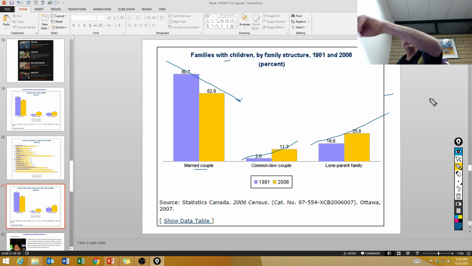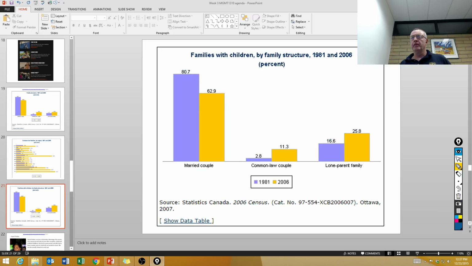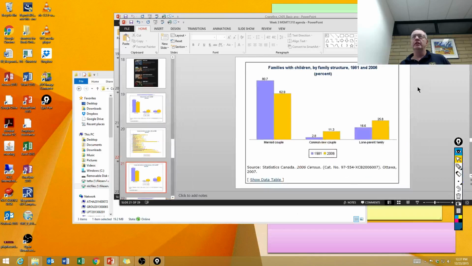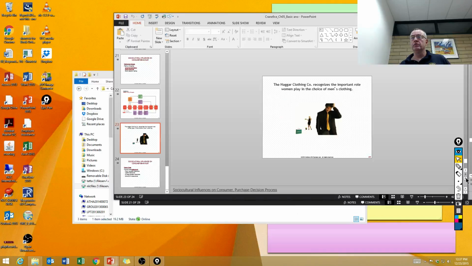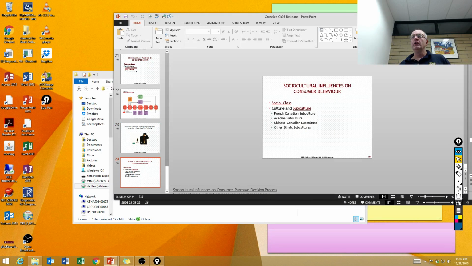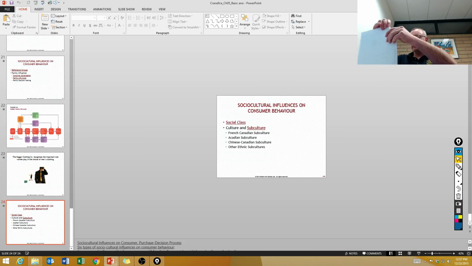Okay, then the final page in chapter 5 deals with the three remaining sociocultural influences on the consumer purchase decision process: the role of social class, culture, and subculture.